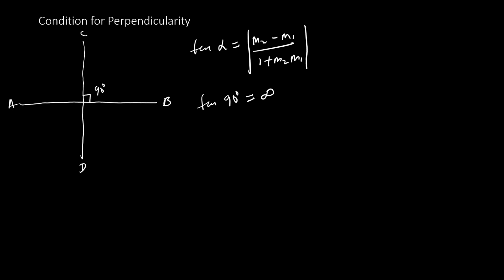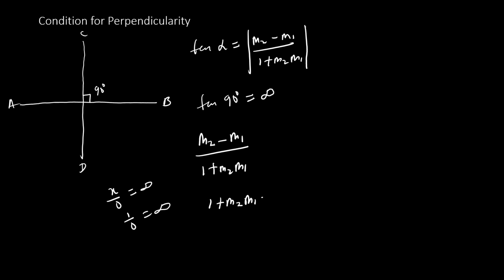infinity, which is undefined. So for this fraction m2 minus m1 over 1 plus m2 m1 to be undefined, the denominator must be equal to 0. For example, if you have x divided by 0, this is undefined. 1 divided by 0, this is undefined. So the same thing here: for m2 minus m1 over 1 plus m2 m1 to be undefined, 1 plus m2 m1 must be equal to 0.